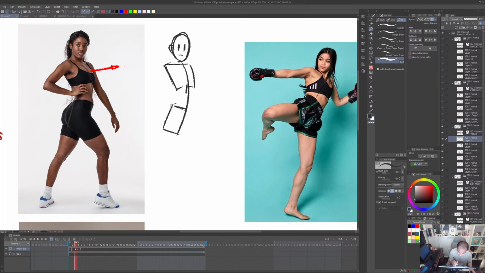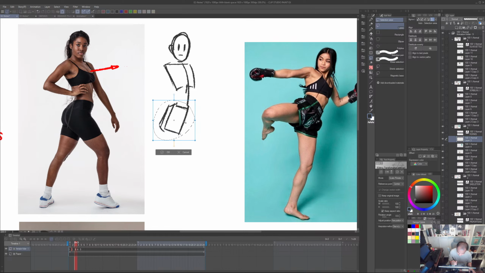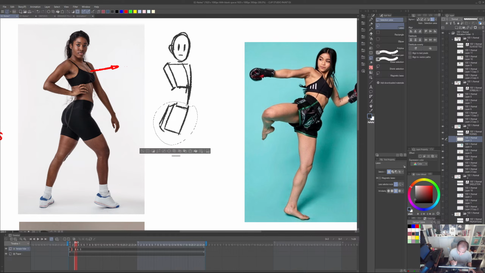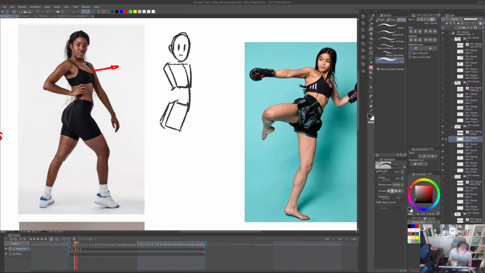And we can even see the behind, right? So we can break down the body into simple forms like this, and this is a simple trapezoid shape, right?